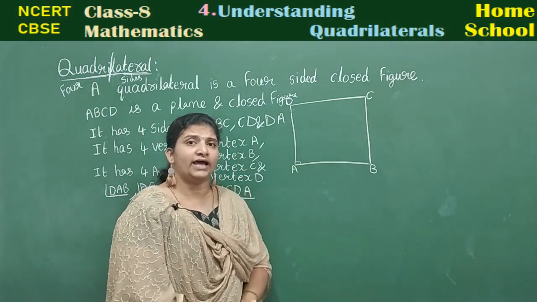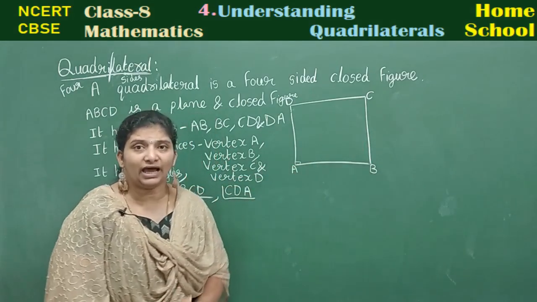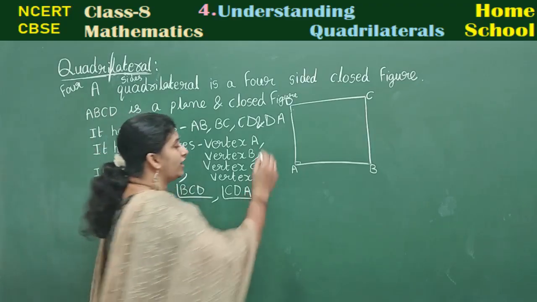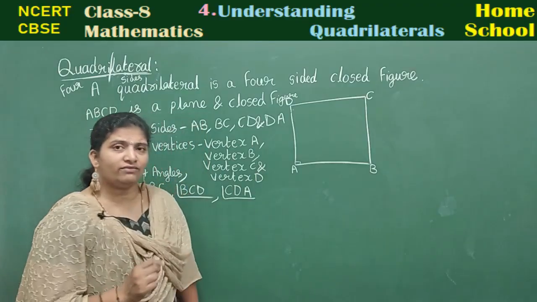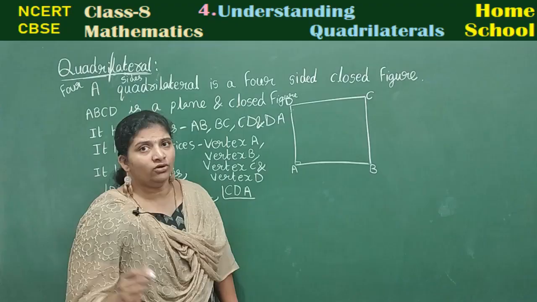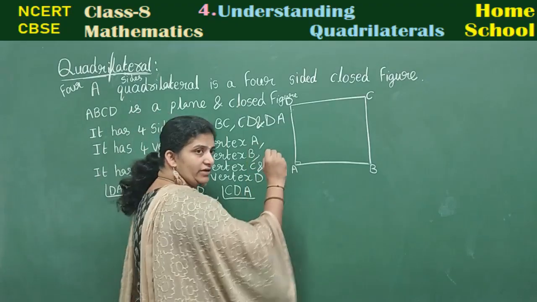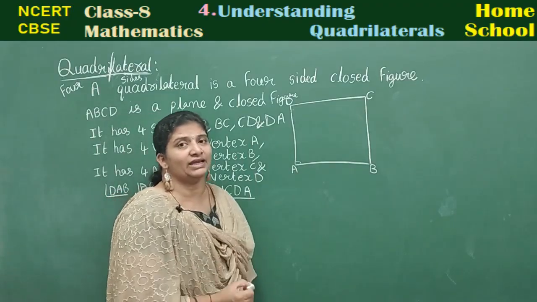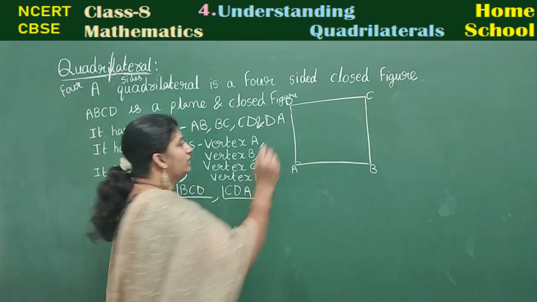Still, what more does it have? It has 2 diagonals. Where are the diagonals? We did not draw them. Let us draw diagonals. What is a diagonal? How can we draw it? A diagonal is drawn to a non-consecutive vertex. From one vertex to the non-consecutive vertex, if we join a line, we get a diagonal. Look here.